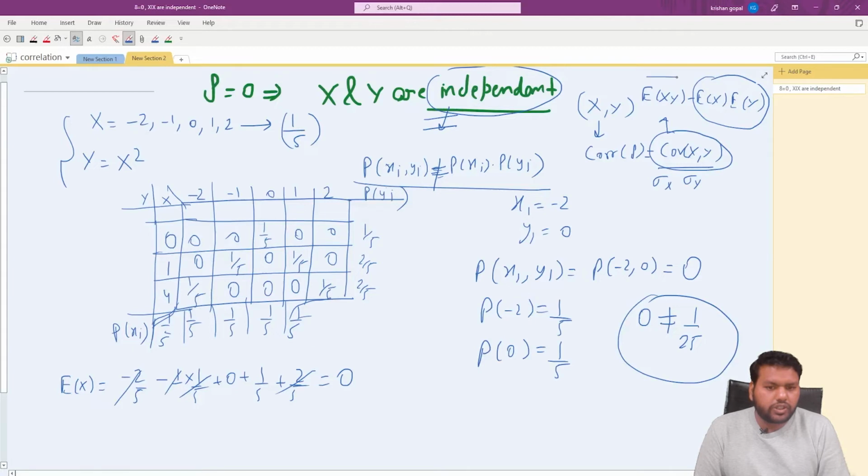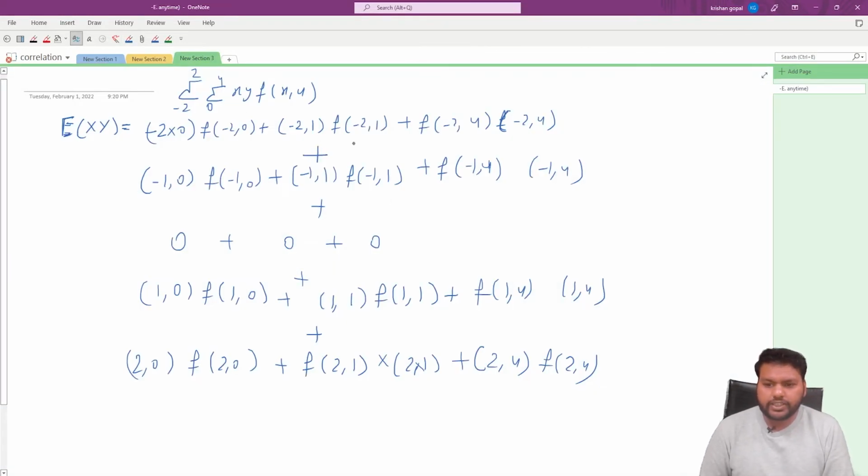Now I am interested to find the expectation of xy. So how can we find the expectation of xy? It's the general formula, where x is from -2 to 2 and y is from 0 to 4. So here you find xy and f of x comma y. Expectation of xy we can calculate in this way. For time saving, I just copy this expectation of xy and write it here.